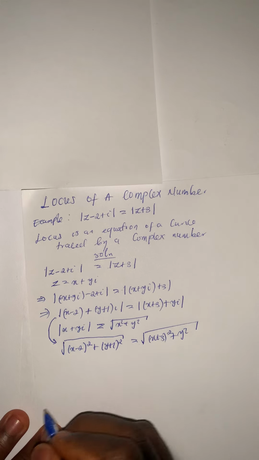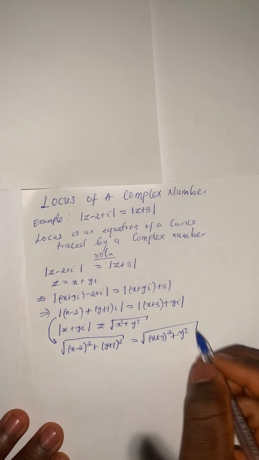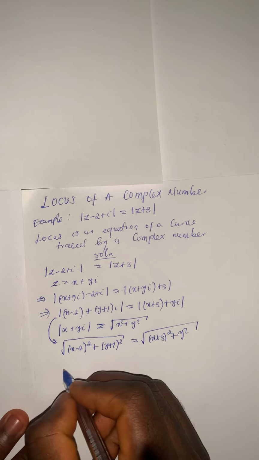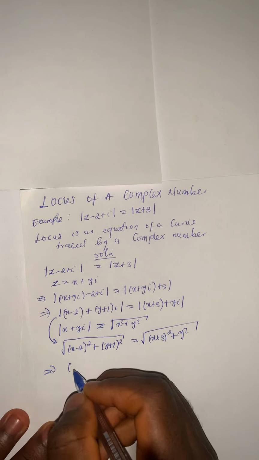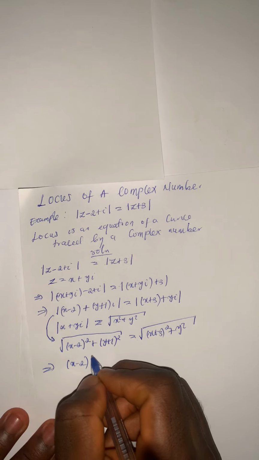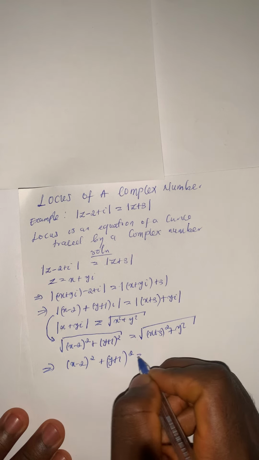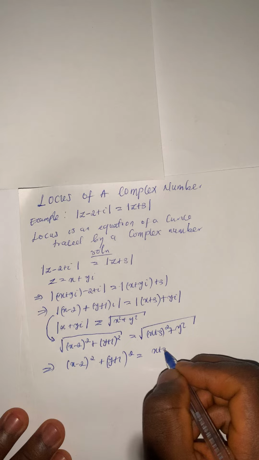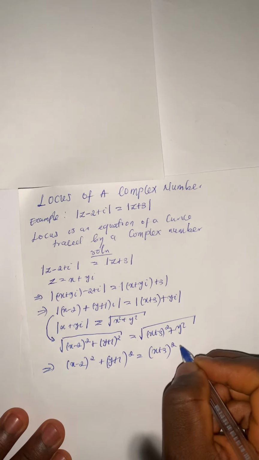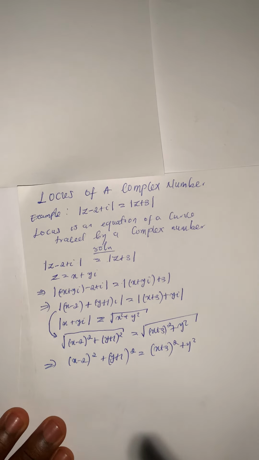We square both sides, and the square root sign goes off. We now have (x minus 2) squared plus (y plus 1) squared to be equal to (x plus 3) squared plus y squared.